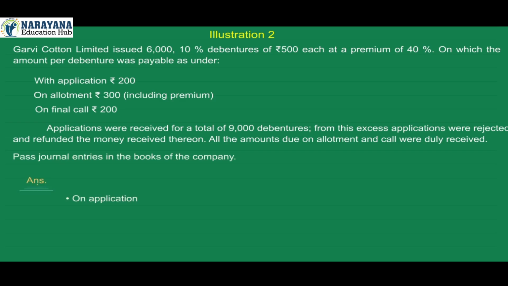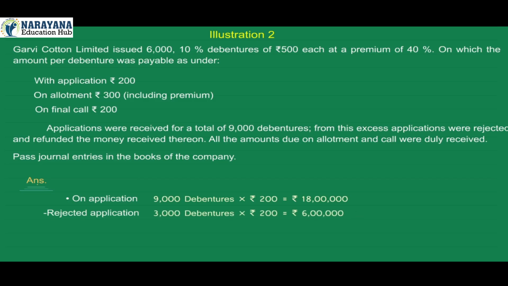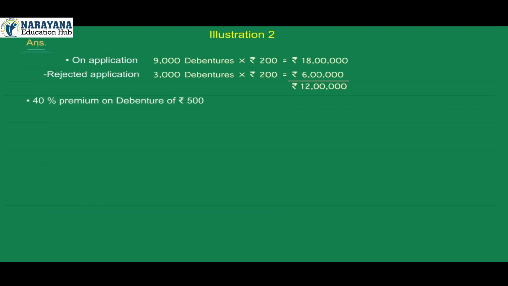Answer. On application, 9,000 debentures into ₹200 is equal to ₹18 lakh, minus rejected applications 3,000 debentures into ₹200 is equal to ₹6 lakh. Total ₹12 lakh. 40% premium on debenture of ₹500 is equal to ₹200.